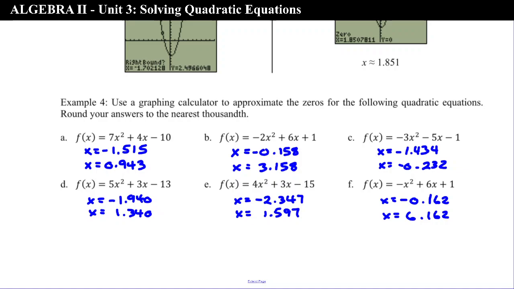For D, we have x equals negative 1.940 and 1.340. For E, we have x equals negative 2.347 and 1.597. And for F, we have x equals negative 0.162 and 6.162.